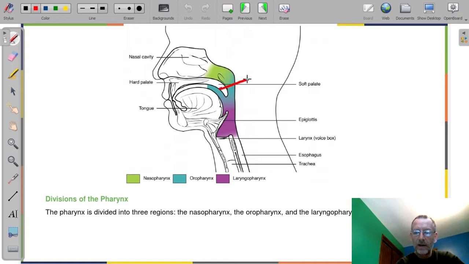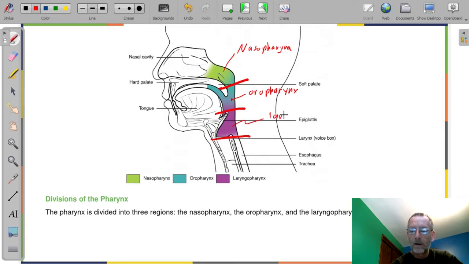The pharynx is divided into 3 sections: the nasopharynx, the oropharynx, and the laryngopharynx. Not to make a great deal about that, but that's how the pharynx is divided up.